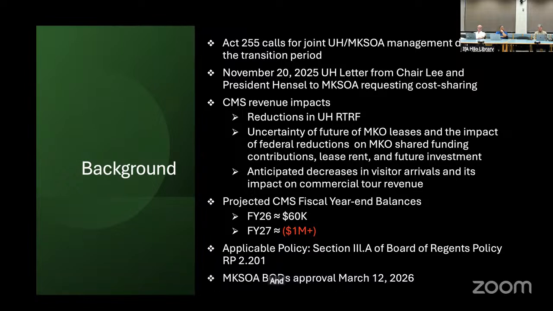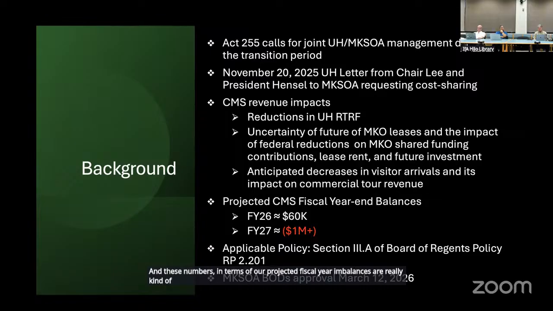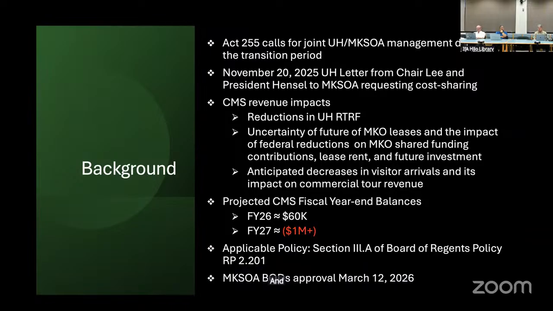And these numbers in terms of our projected fiscal year imbalances are really estimates, because our year-end balances are really dependent on cash flow and how things get booked for accounting purposes and whatnot.